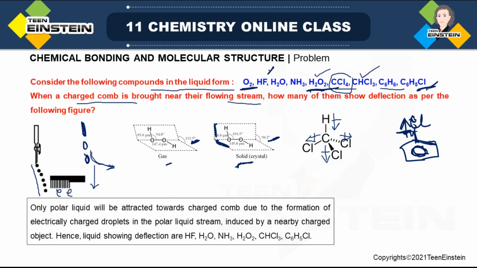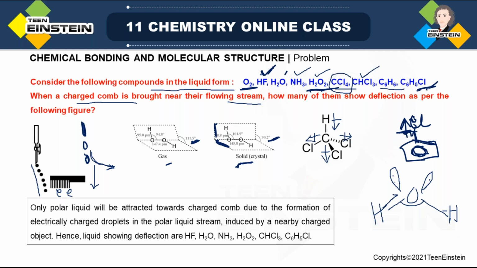HF will show. H2O will also show. Ammonia molecule, the picture we have already seen, so I am not showing it here. But if you are curious, the water molecule is HOH, with a particular angle and 2 lone pairs.